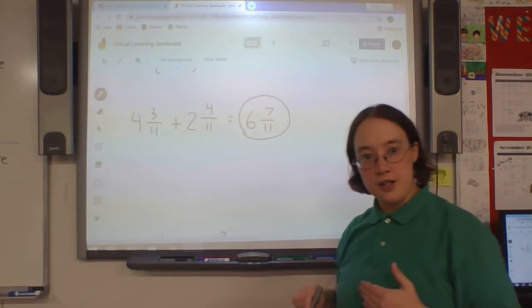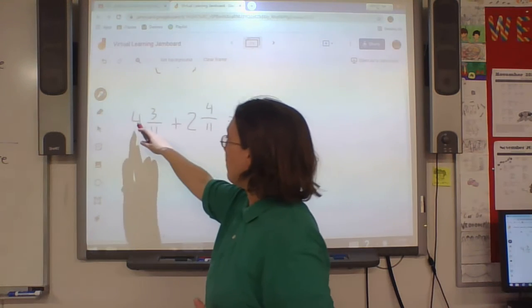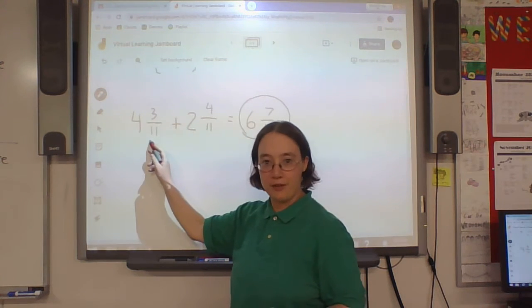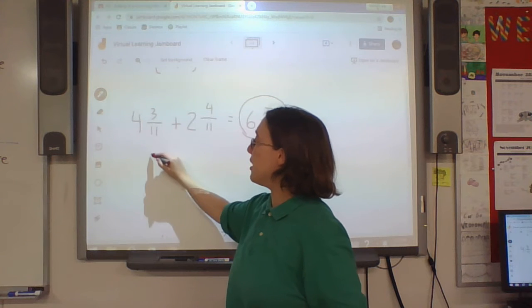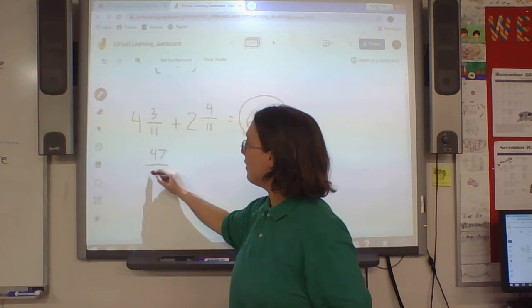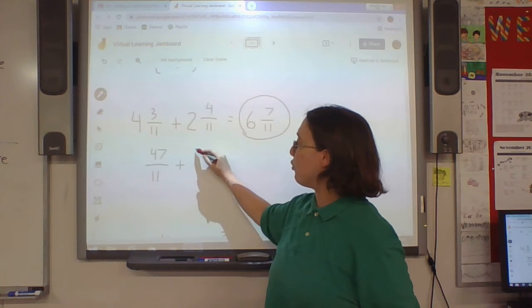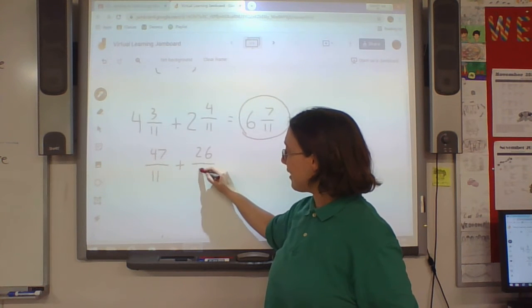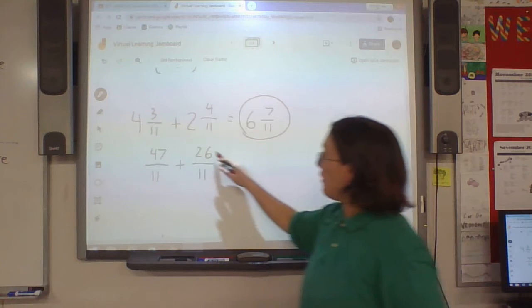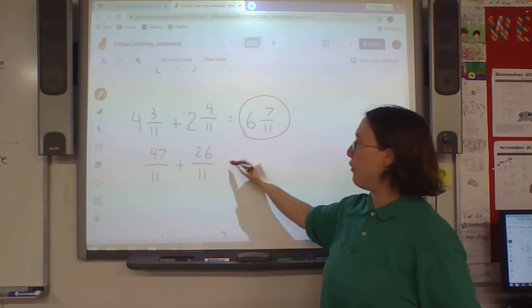The other thing you could do is turn this into an improper fraction. So 4 times 11 gives you 44, plus another 3 gives you 47. 2 times 11 is 22, plus 4 gets you 26. And then 47 plus 26 gets you 73.